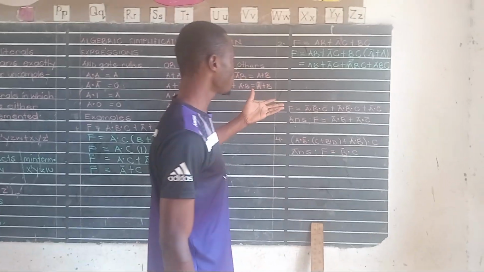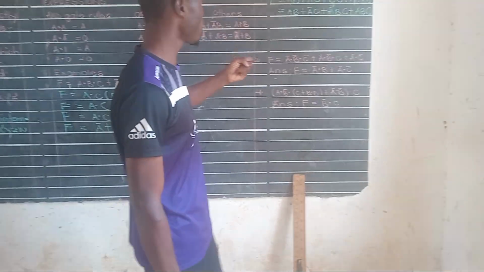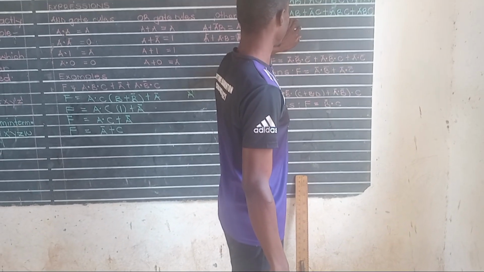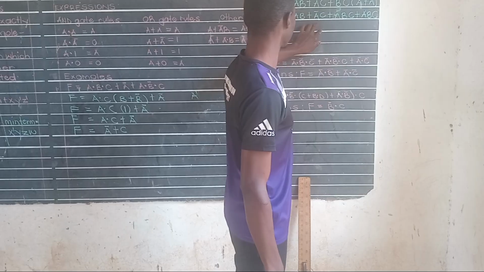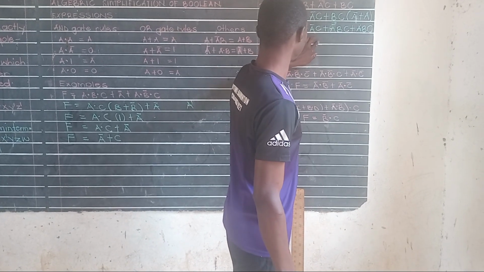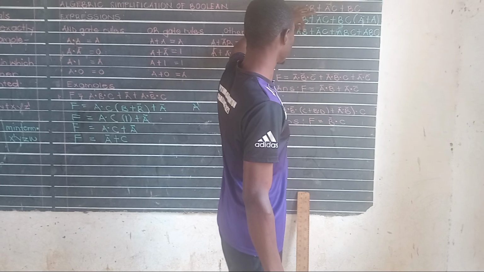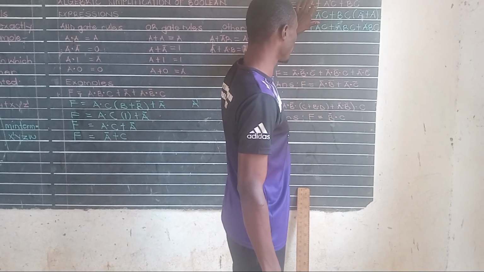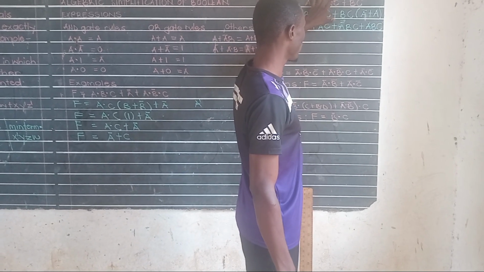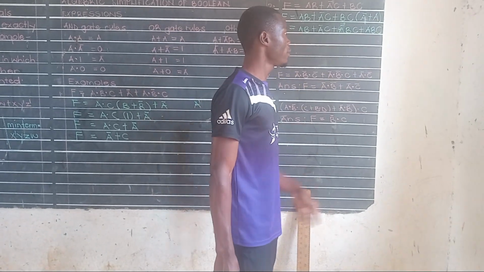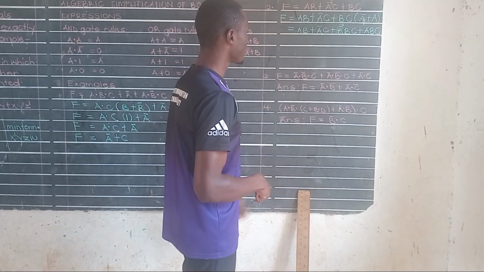Which terms have the common members that I can factor out? Let me see. So this is A B, or not A C, or not A B C, or A B C.